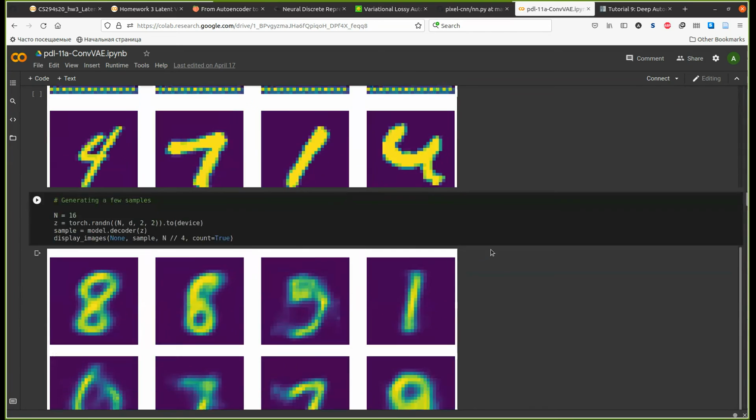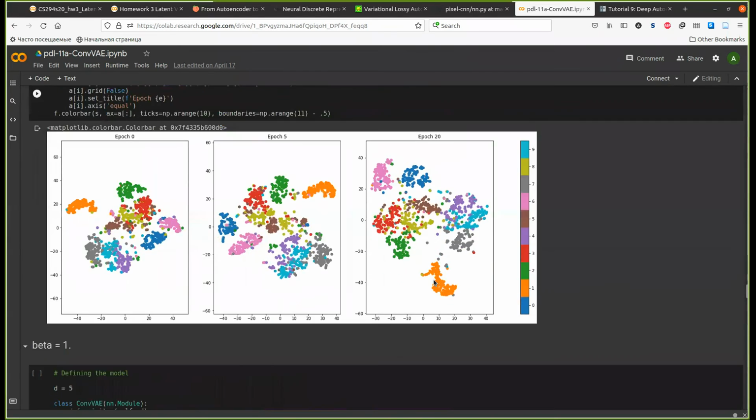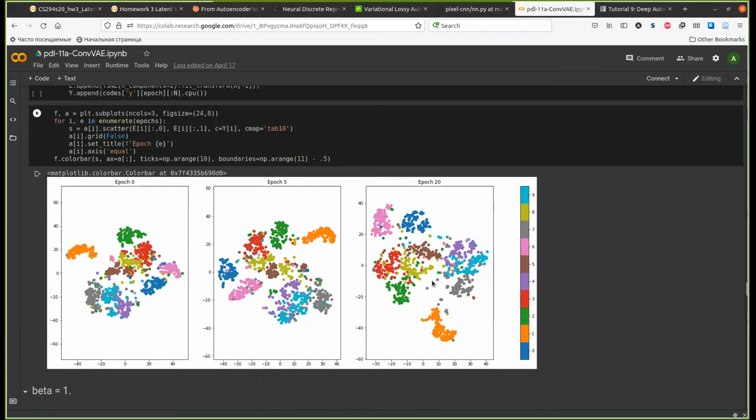Yeah, not better separation, but I think better structured. If beta is greater, then the KL component of the loss is higher, and our posterior is forced to be closer to the standard normal, and that is why it is more tightly packed.